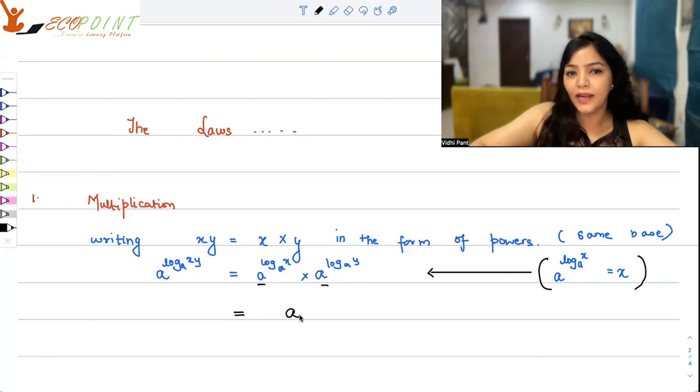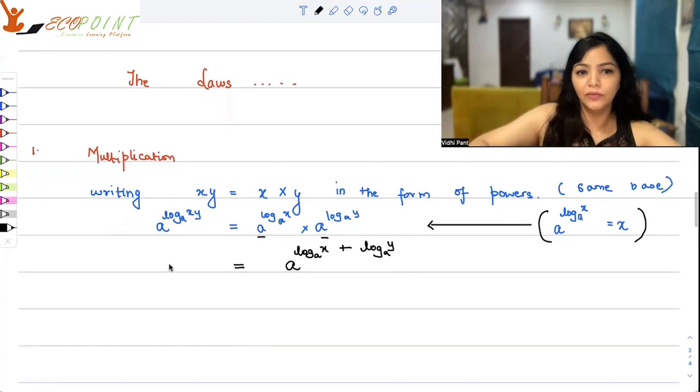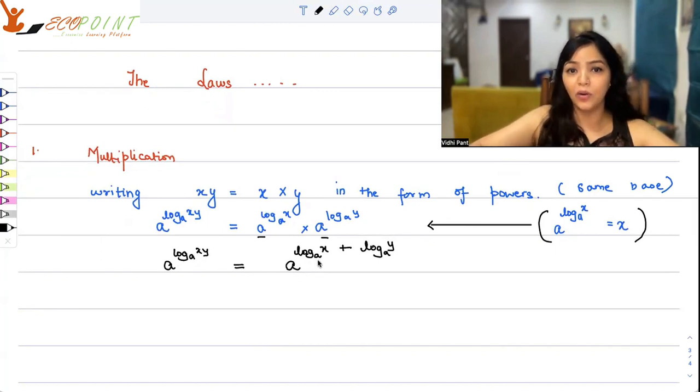So I can write this right-hand side expression as a to the power log base a of x plus log base a of y, which essentially tells you your left-hand side is a to the power log base a of xy, and your right-hand side is a to the power log base a of x plus log base a of y.